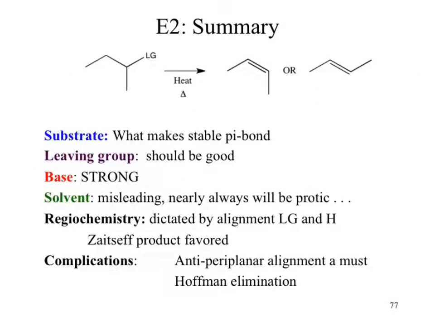E2, our big defining feature between that is a strong base. That's really the only thing that jumps out as being different. And you might say, well, but in SN2, I wanted a smaller substrate. But what drives your elimination reactions?